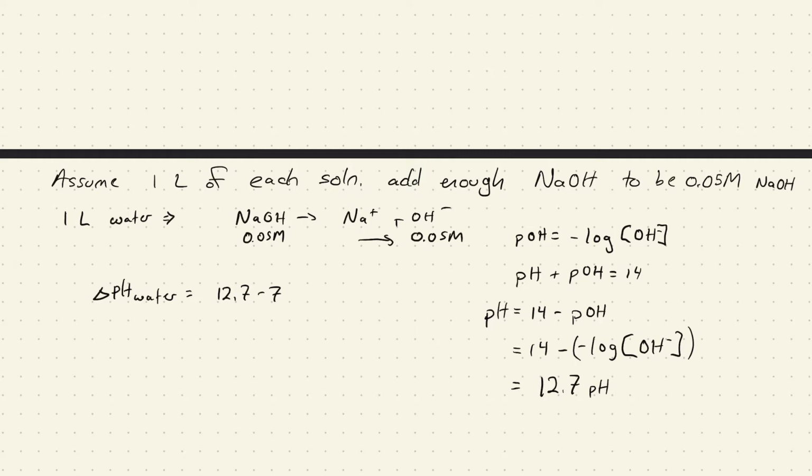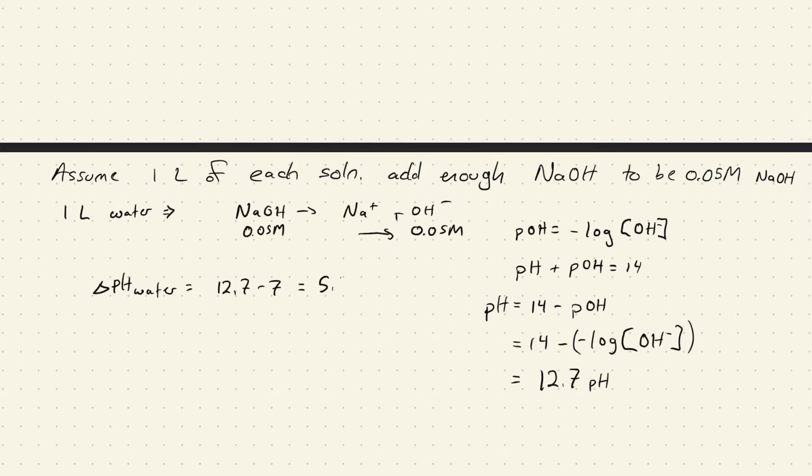Our final pH is 12.7, our initial pH is 7, so our change in pH is 5.7. That's a big change, right? Keep in mind that this is a log scale, so this is almost 6 orders of magnitude, or 1,000,000 times change in concentration of hydronium ion in the solution. So that's a big change.